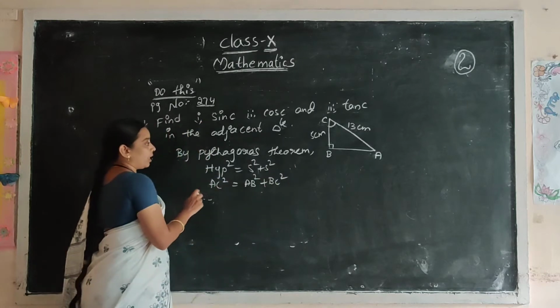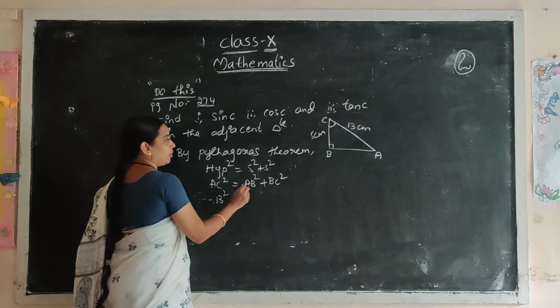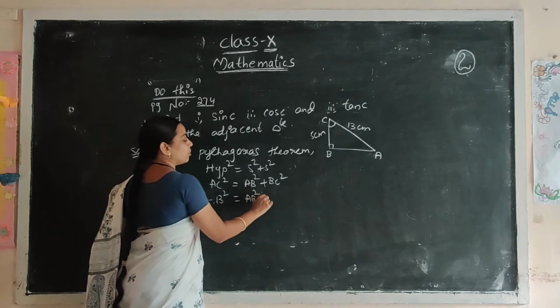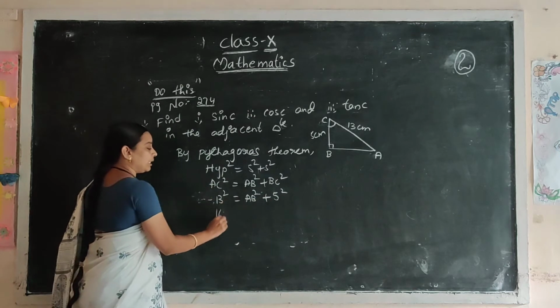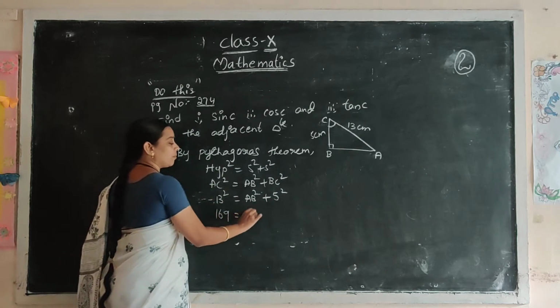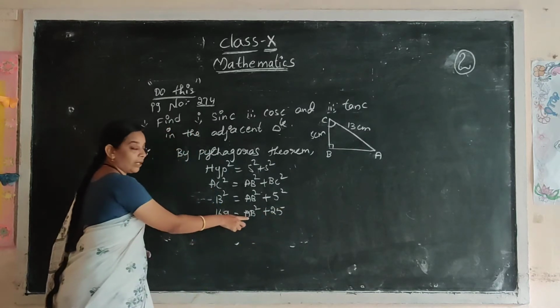So substitute the values. AC is already given as 13, and AB is not given. BC is given as 5. So 13 square, 13 13s are 169, and 5 5s are 25. Now we want to find the AB value.